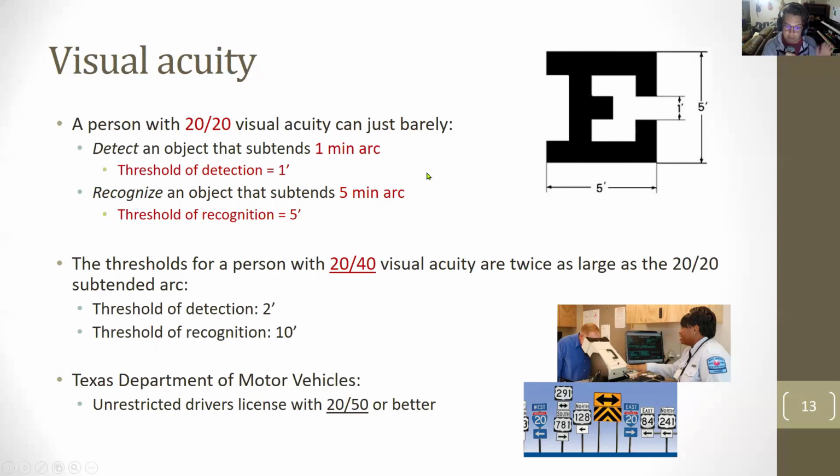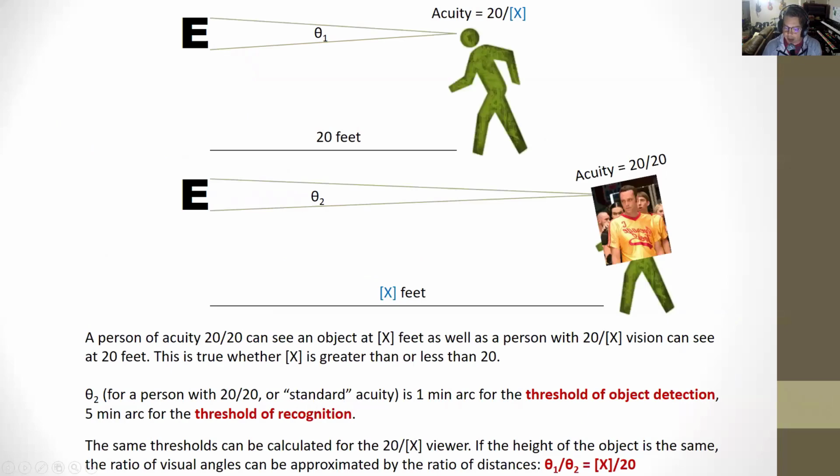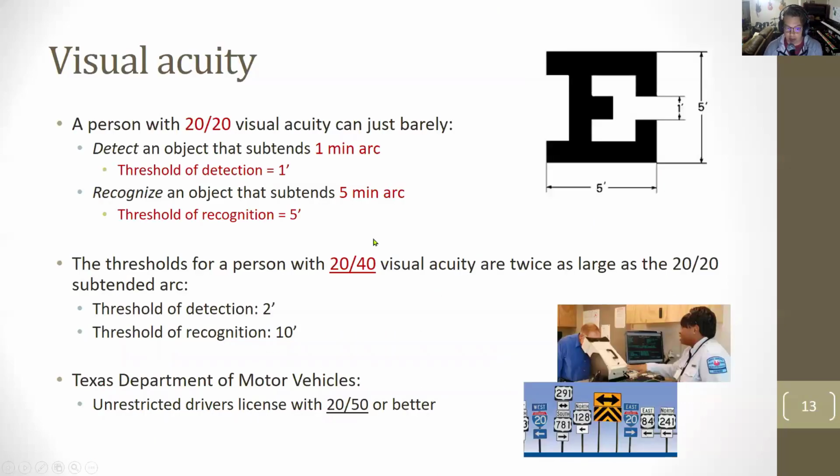Now, if I'm 20/40, what does that mean? I don't see as well as Joe standard. Things that are further away are blurrier to me, but by how much? As it turns out, by twice as much. So again, theta 1 over theta 2 equals the ratio of the two distances.